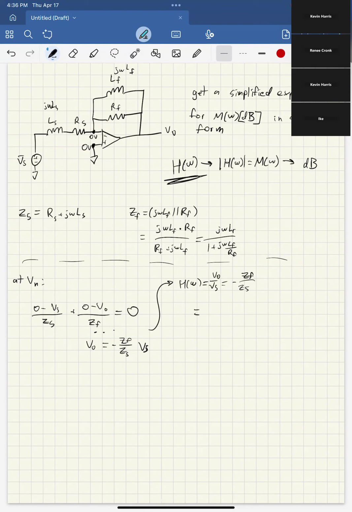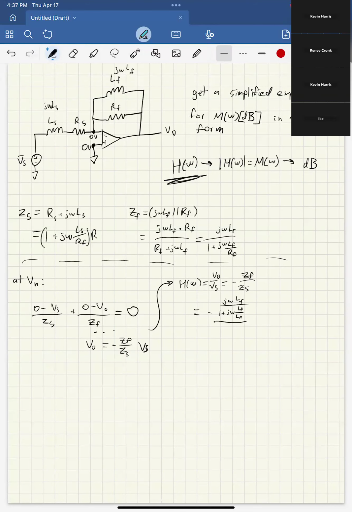ZF is j omega L_F over 1 plus j omega L_F over R_F, and all of that over ZS. Remember, for standard form you want all the real components to be 1. So you can rewrite it like this, and then it looks the same on the top and bottom, and it's nice.